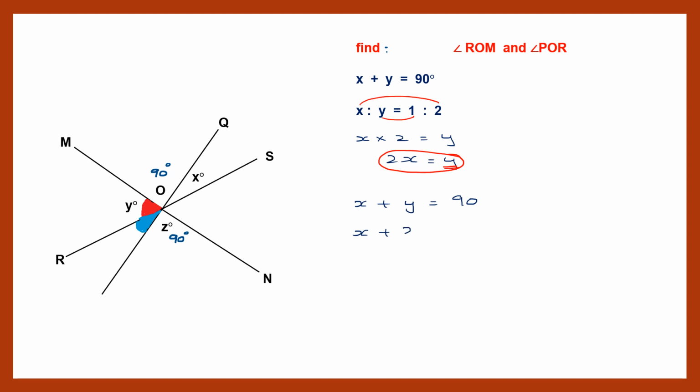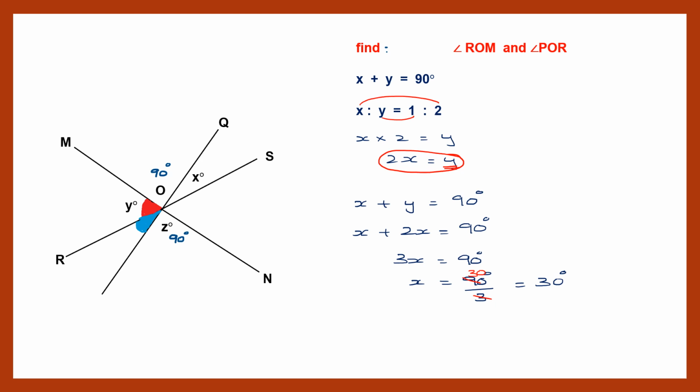So x plus 2x is equal to 90 degrees, or 3x is equal to 90 degrees. So all this is degrees. So 3x is 90. So x will be equal to 90 degrees by 3. So this we can cancel. 3 3s are 9, 30. That means x is equal to 30 degrees.